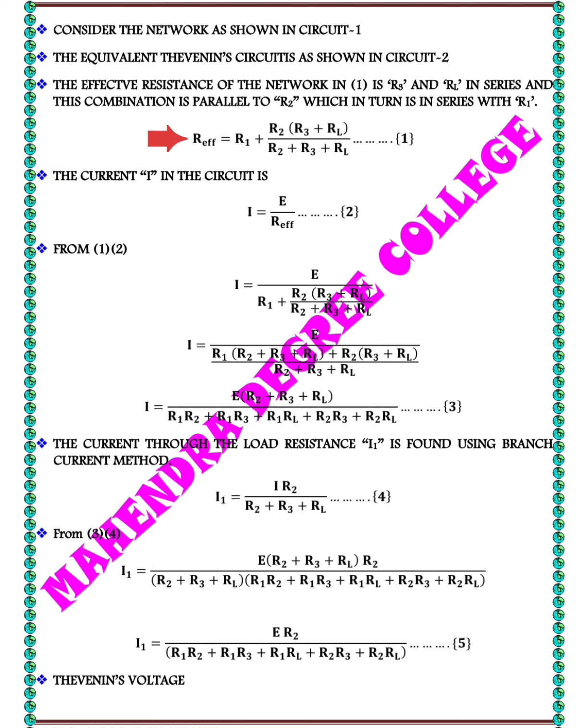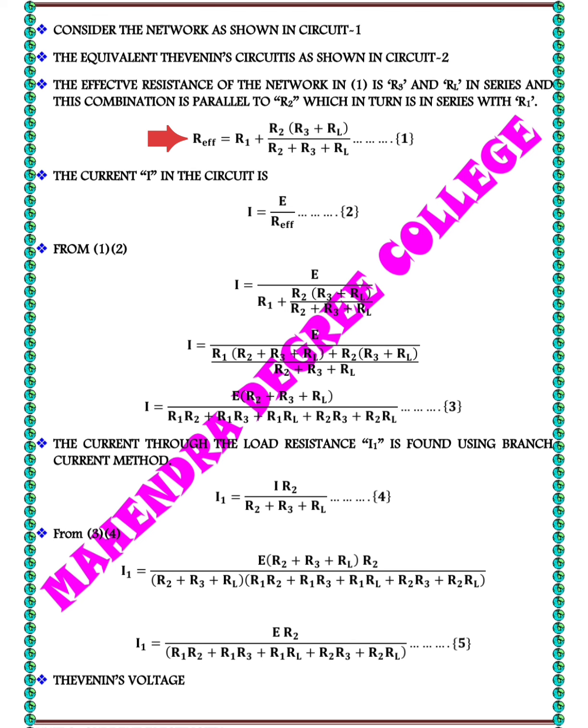R3 and RL are in series, so their combined resistance equals R3 plus RL. This series combination is in parallel with R2. So, the parallel combination becomes R parallel equals R2 into R3 plus RL by R2 plus R3 plus RL.